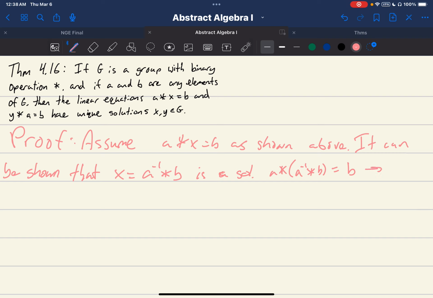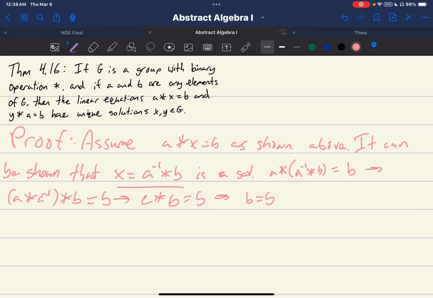We can then go to A star A inverse, star B equals B. And then we get E star B equals B, and then we get B equals B. Yay! So A inverse star B is a correct solution to this linear equation.